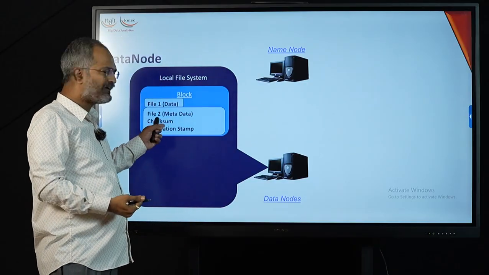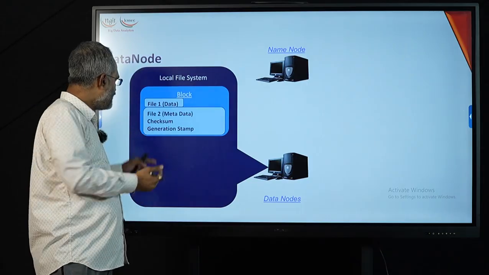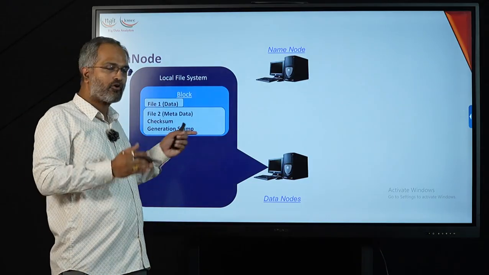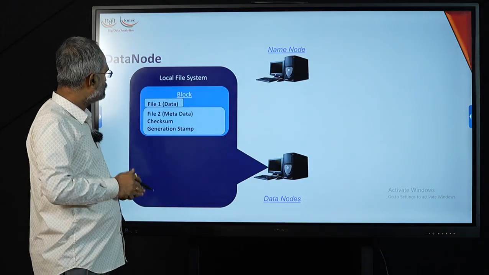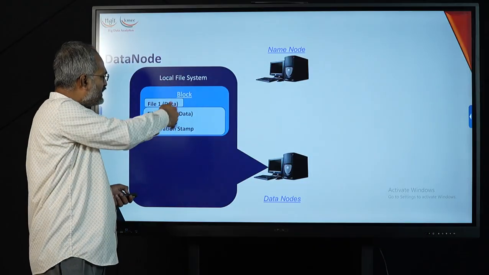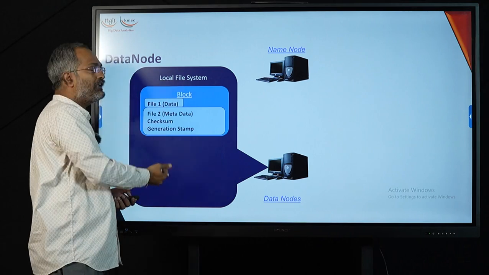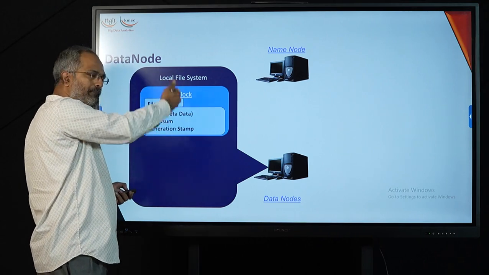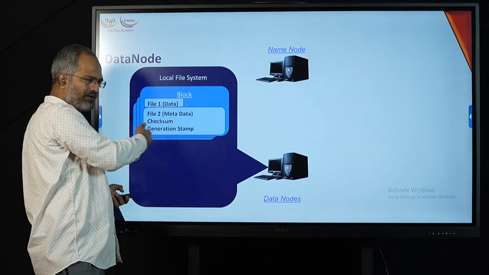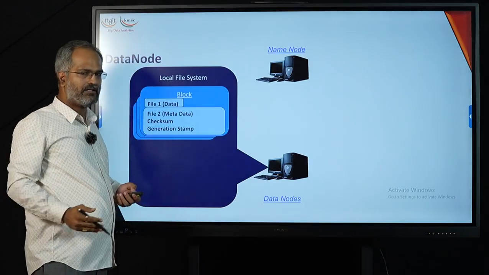So that is the checksum. The checksum will be maintained, and then the generation stamp of when this block was created. This is the structure of the block, and the data node is responsible for storing a number of blocks, not only a single block.